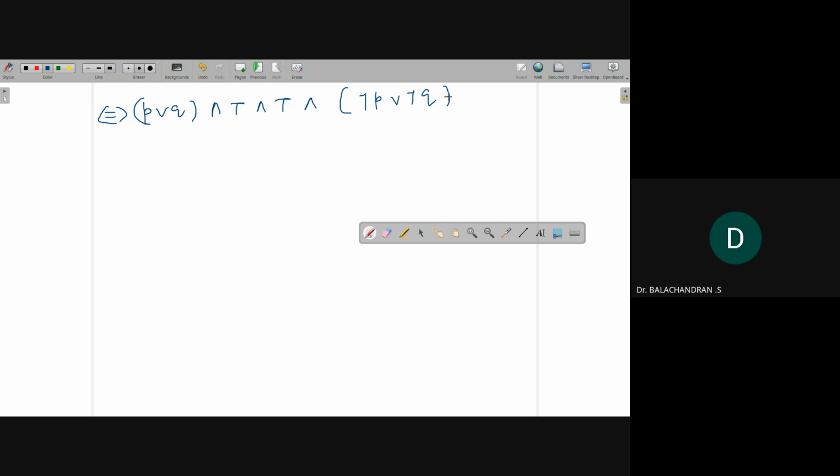Now we know that P and T is P. So here P or Q and T is P or Q. Similarly, by the same law, you will get P or Q and negation P or negation Q.